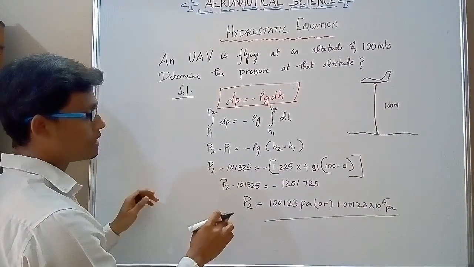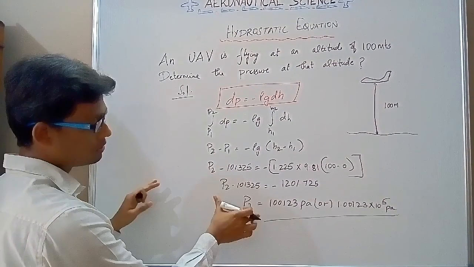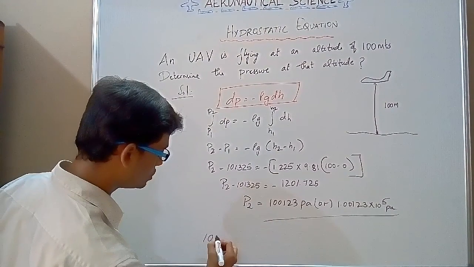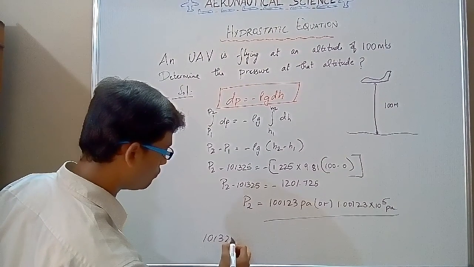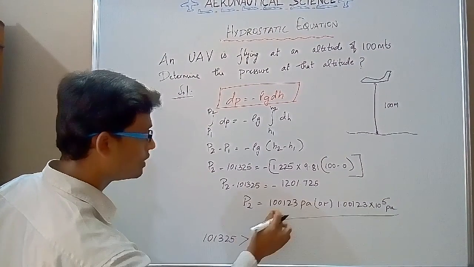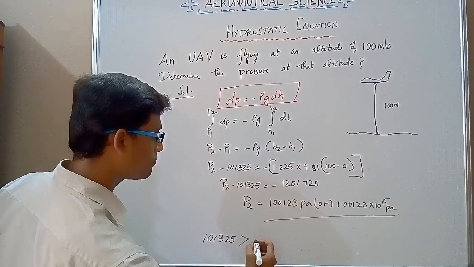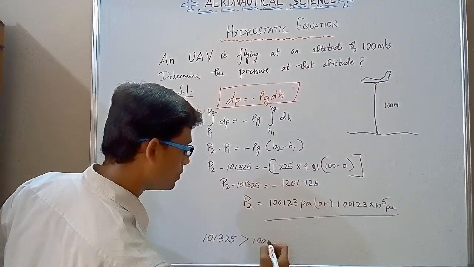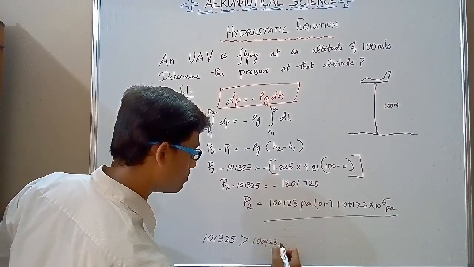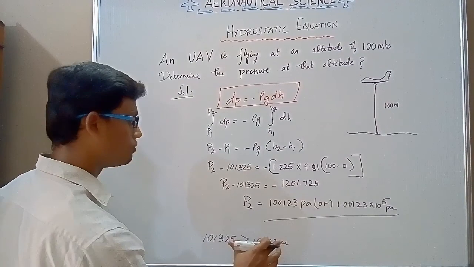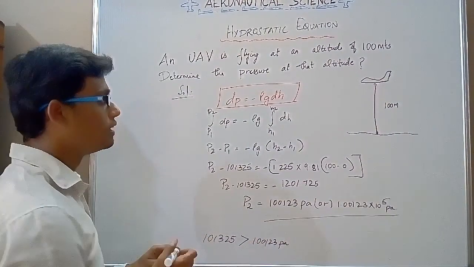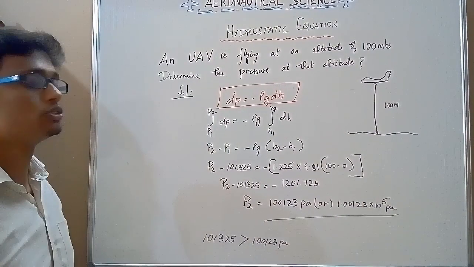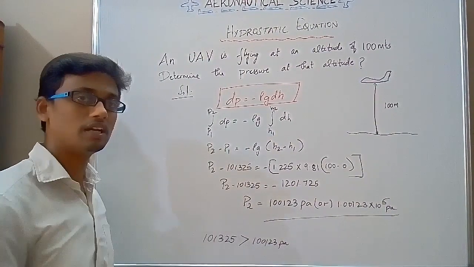From these values we can see that the pressure at sea level, 101,325, is greater than the pressure at 100 meters, 100,123 pascals. So from the solution we can say that the pressure decreases with increasing altitude. I hope you understood what the hydrostatic equation is in this video.